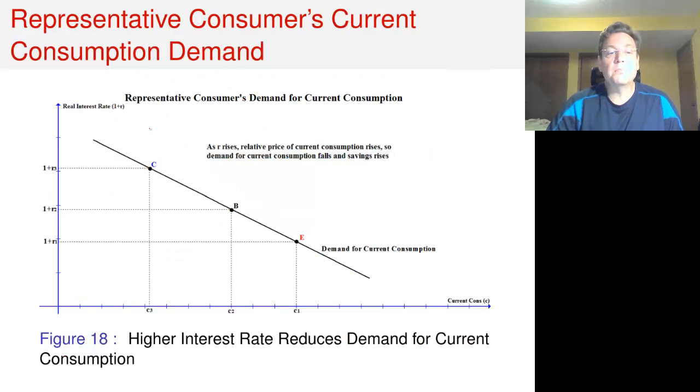And so we can then plot the real interest rate on this axis, current consumption on the horizontal axis, and here we have the lower interest rate, R1, then R2, then R3, and we have C1, C2, and C3. Connect the dots, and what we get is the demand for current consumption.